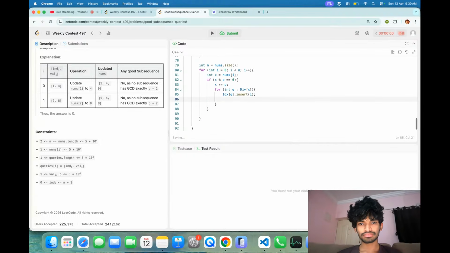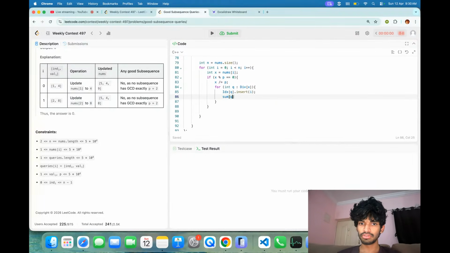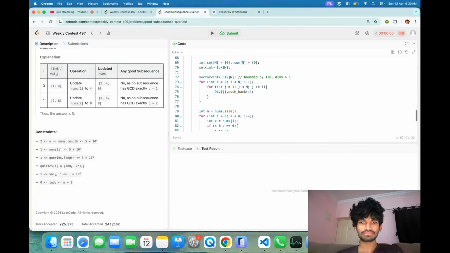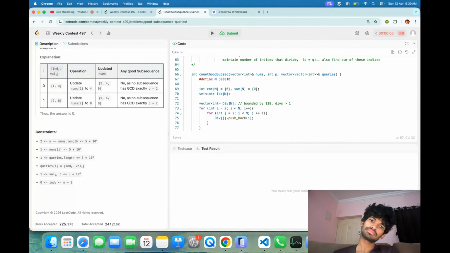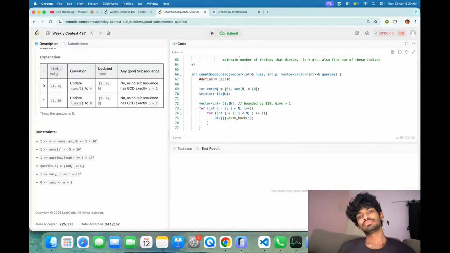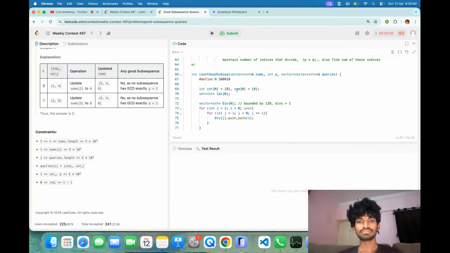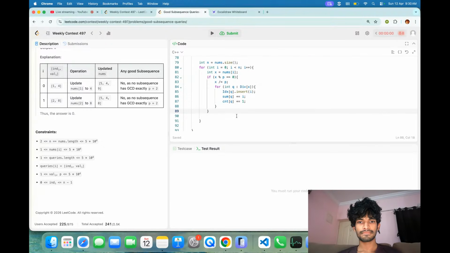And then also sum of q I will add plus equals to i, and count of q I'll add plus equals to 1.